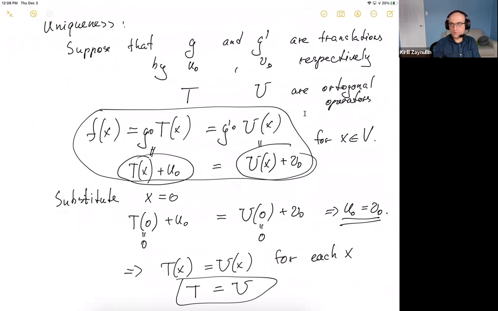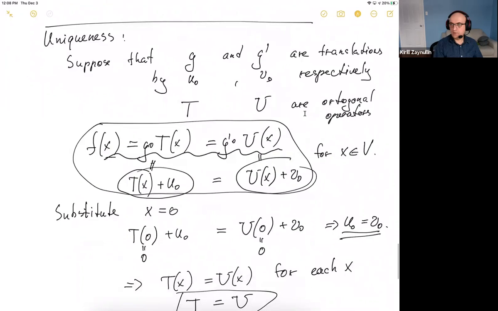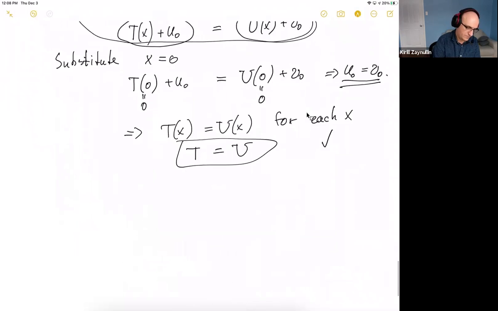So it shows the uniqueness. So there are no different presentations like this. All of them have to coincide with each other. Okay, so that's it. This finishes the proof of our theorem.